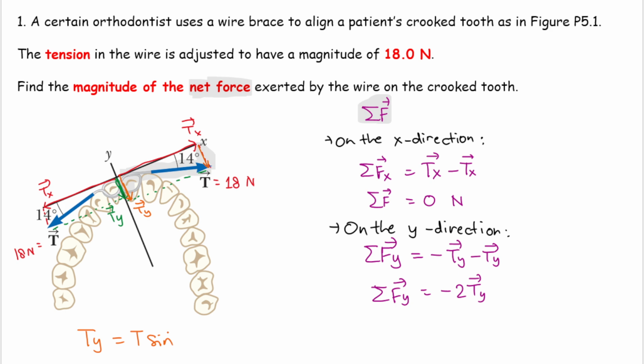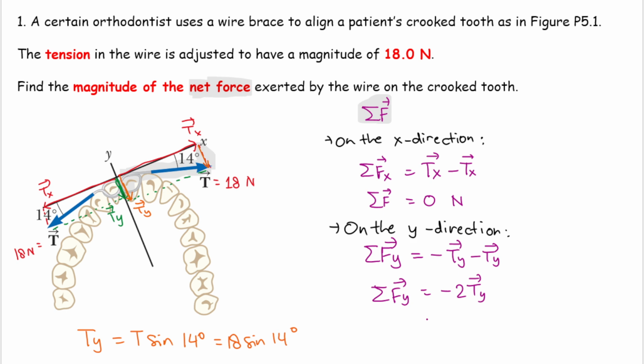Because sine is the opposite side divided by the hypotenuse. So I will have Ty equals T sine theta. And what is theta? Theta is 14 degrees. And what is T? I will have 18, right? So I'll have 18 sine 14 degrees.